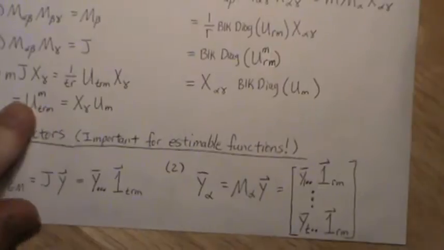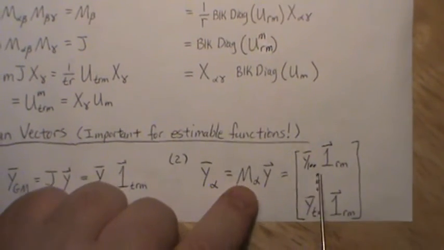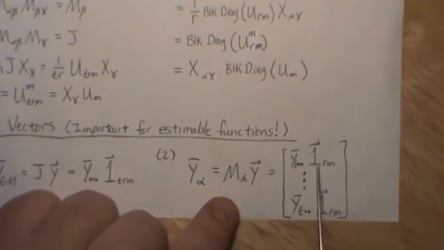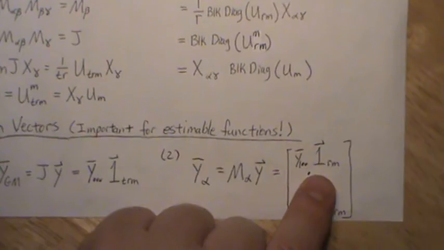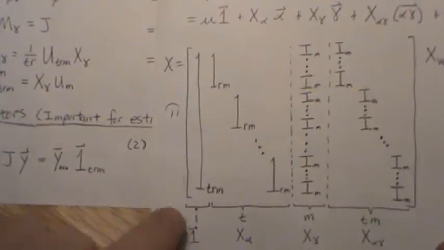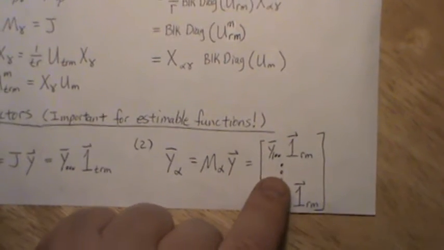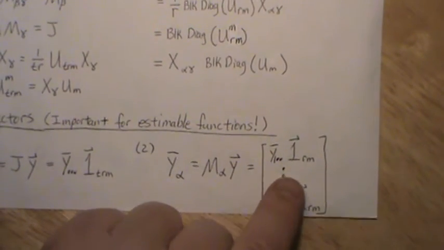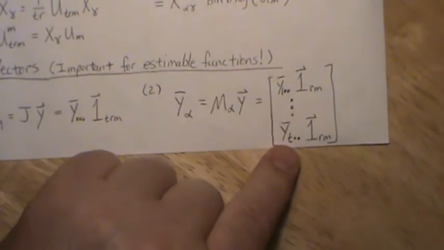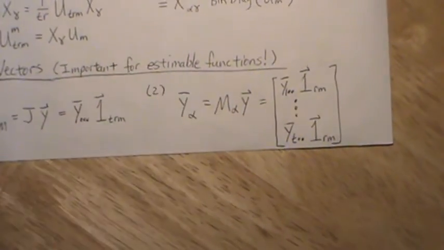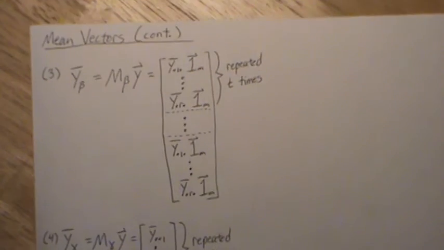But the way that it's multiplied out, that constant is the mean for treatment 1, and that's that one vector that is here. Now that one ends up the second one, so it's going to be the mean for treatment 2 times that, and then all the way down to the mean for treatment t. Now we'll do 3 more mean vectors, and then we'll call it quits for this.